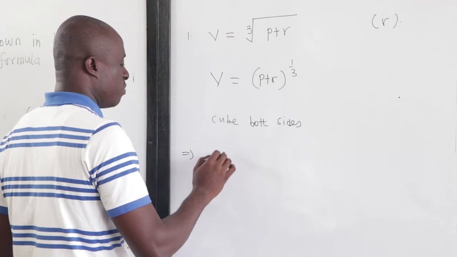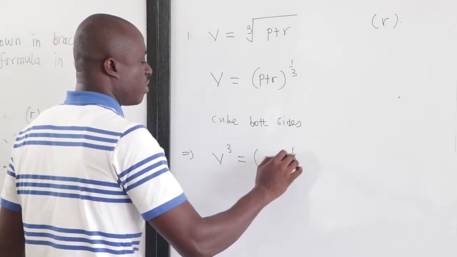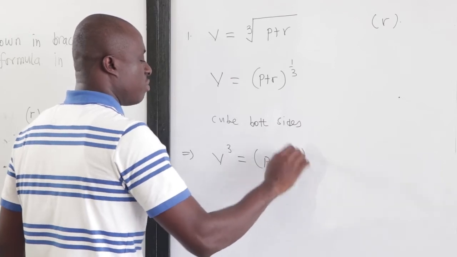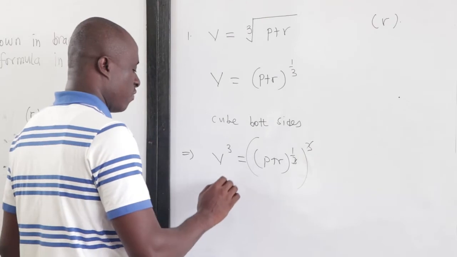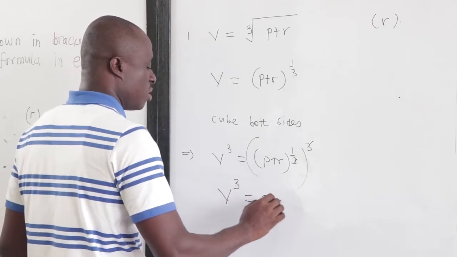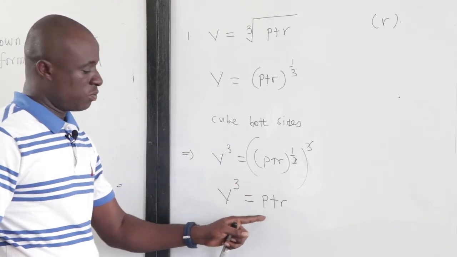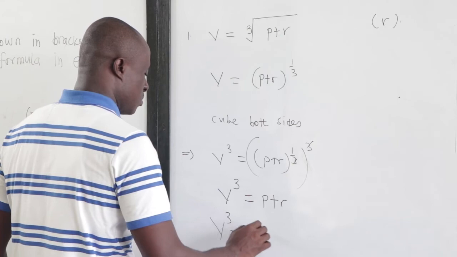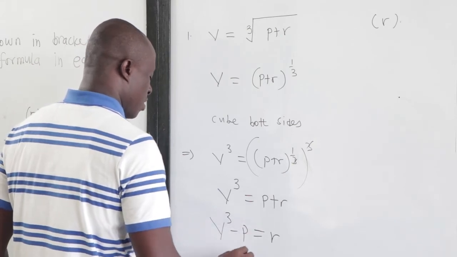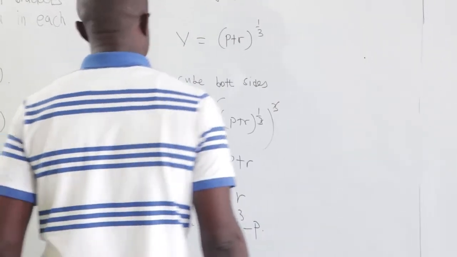So you have v to the power 3 equal to p plus r, 1 over 3, all to the power 3. This will cancel this. So you have v to the power 3 equal to p plus r. We want to make r the subject, so p has to move to the left-hand side. So you have r equal to v to the power 3 minus p.